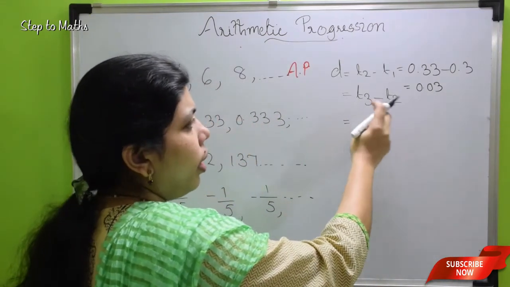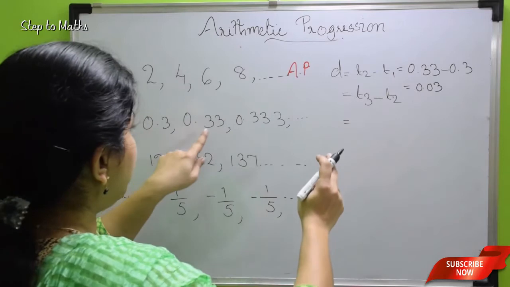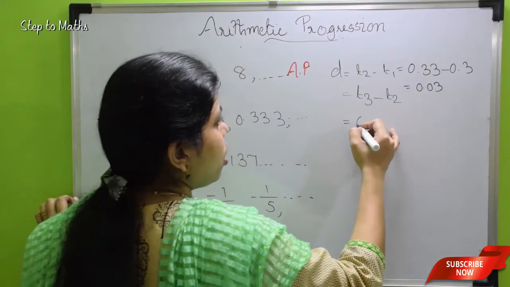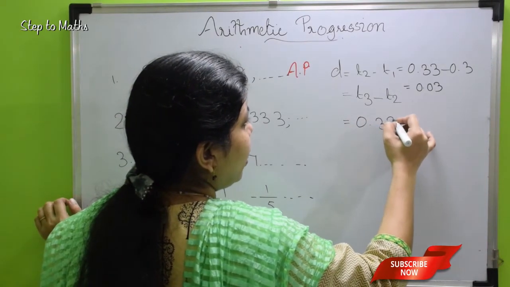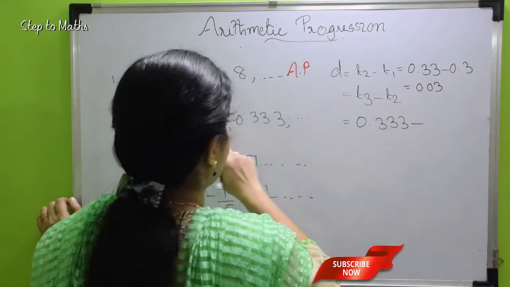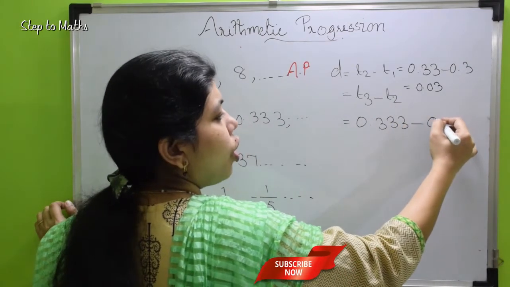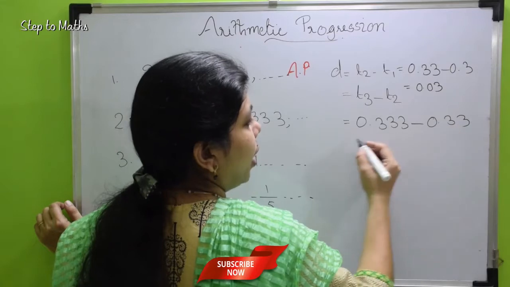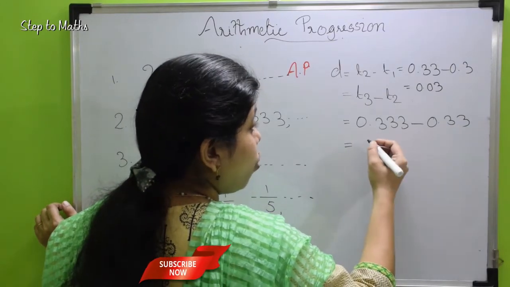Next, T3 minus T2. T3 is 0.333 minus T2, which is 0.33.